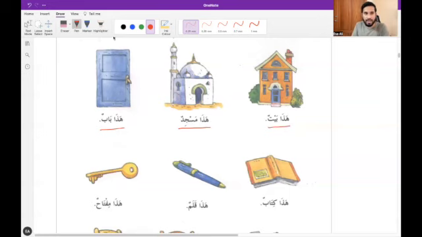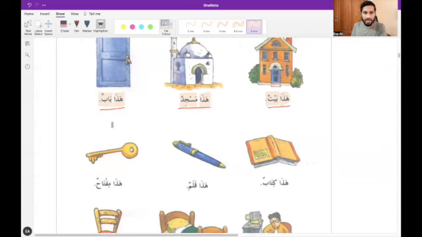So we have here, هذا بيت. هذا مسجد. هذا باب.